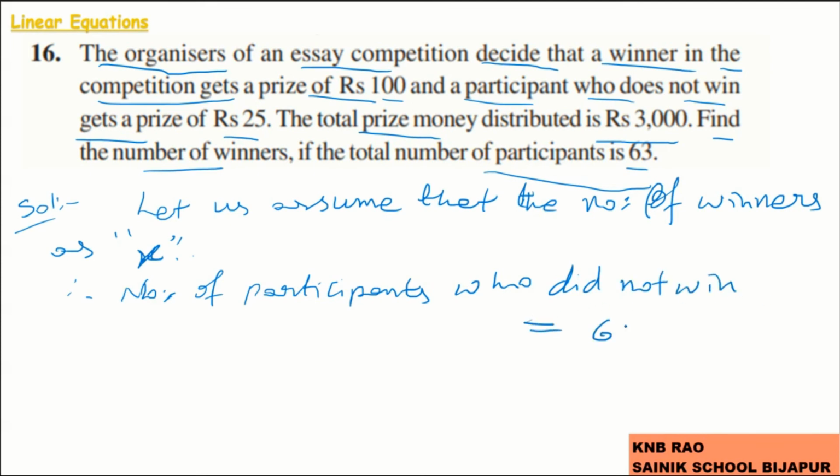How many? Out of 63 minus x, that is winners. If I take away from the total number of participants, who did not win will come.